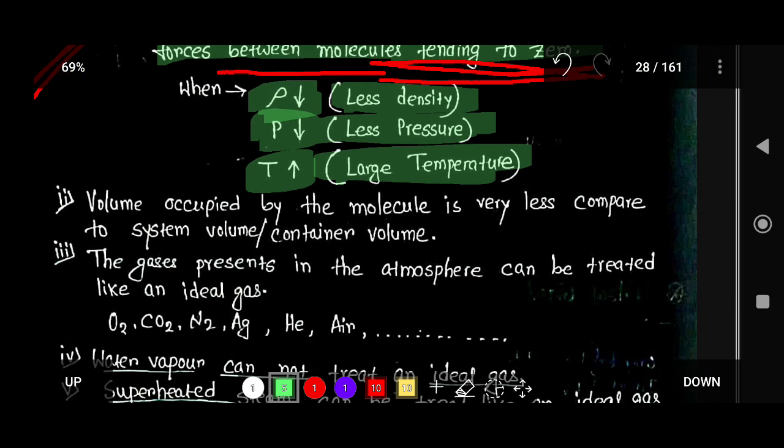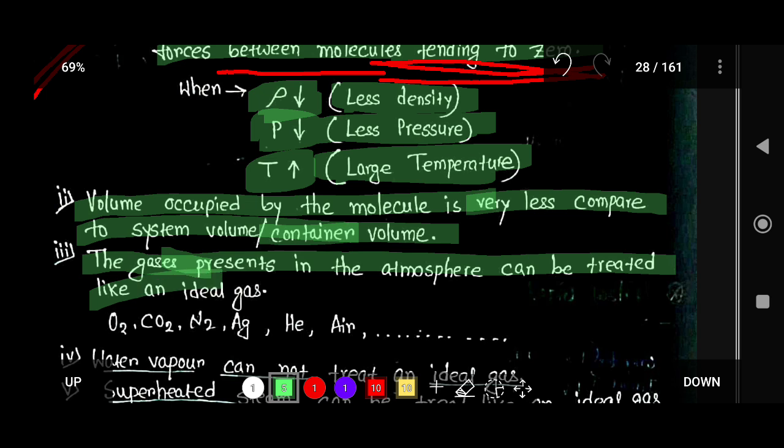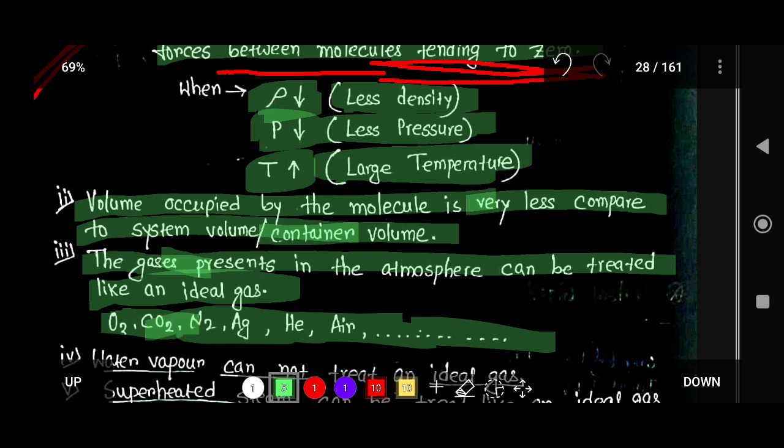Now, the volume occupied by the molecules is very small compared to the system boundary, system volume or container volume. The gases present in the atmosphere can be treated like an ideal gas: oxygen, carbon dioxide, nitrogen, He, Ar.